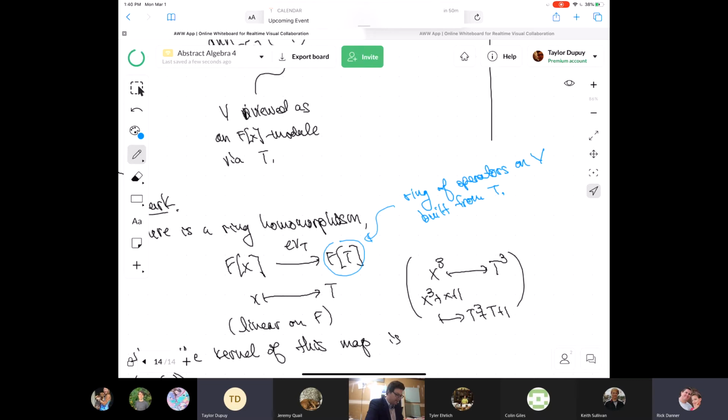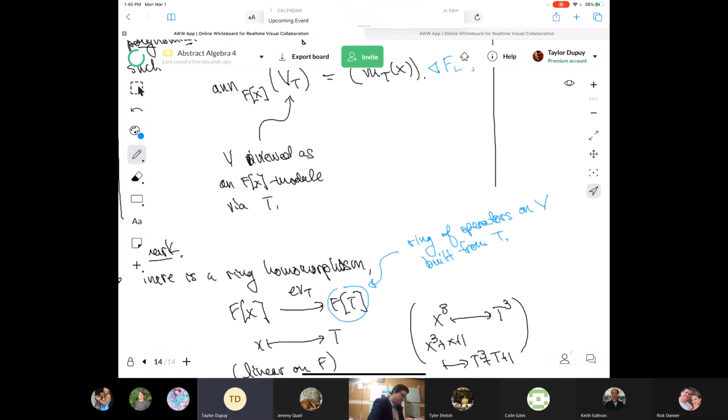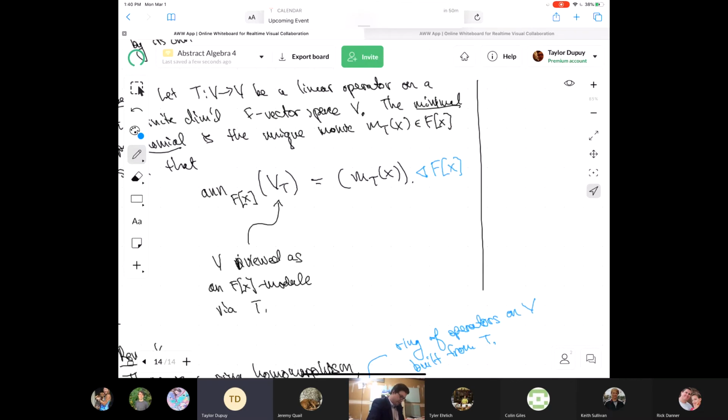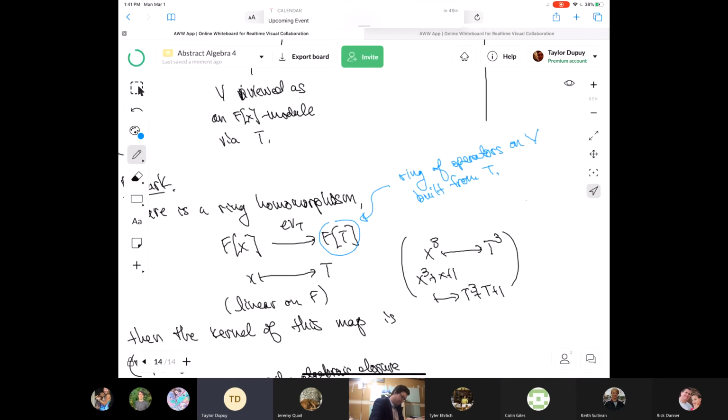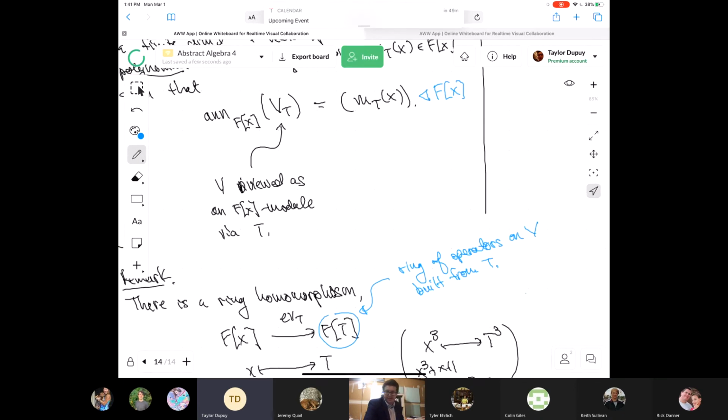Is that why you're using the name operator also? Yeah, you can compose. I'm just calling them linear operator, linear map, linear morphism, same thing. Operator is just a word I use for linear morphism. So these two things are really the same.